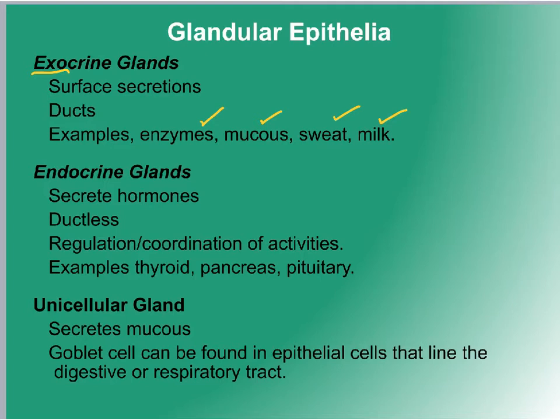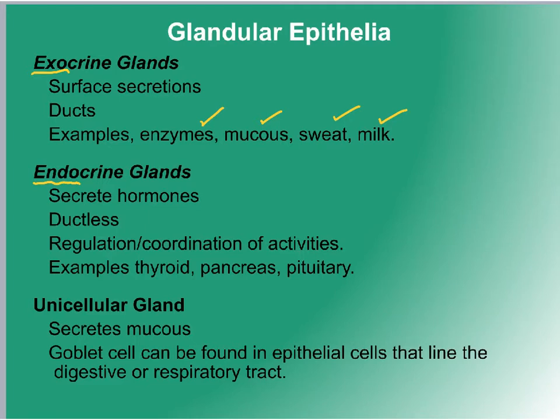Whereas endocrine glands, endo means within, endocrine glands do not have a duct. They do not have a passageway that carries the secretion onto the surface of another structure. They're what we refer to as ductless. They're going to primarily be secreting hormones, and these hormones get taken up by the bloodstream and carried to other tissues elsewhere.